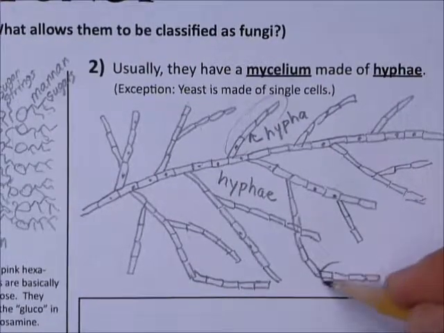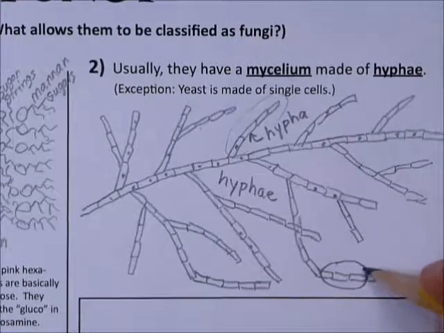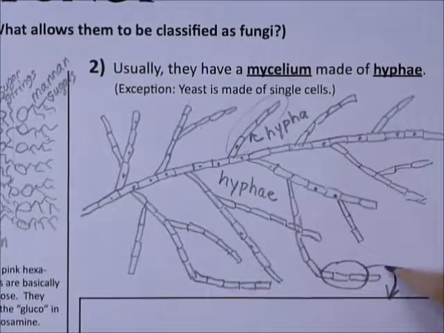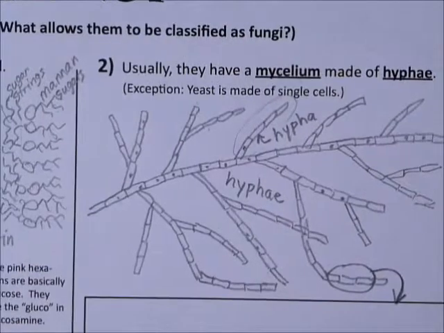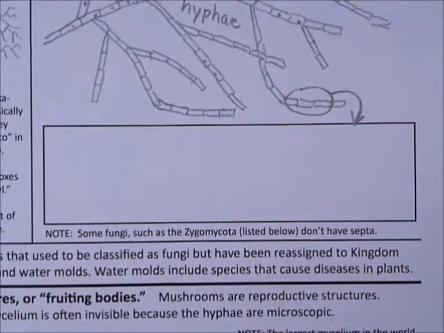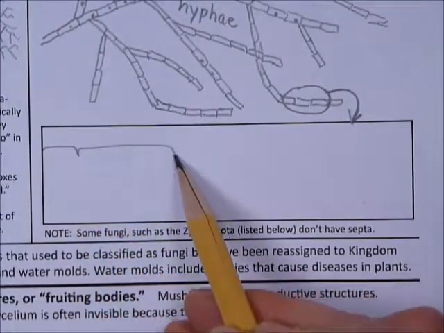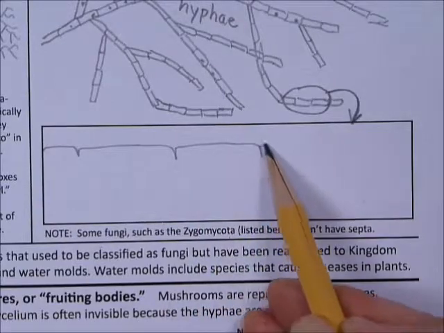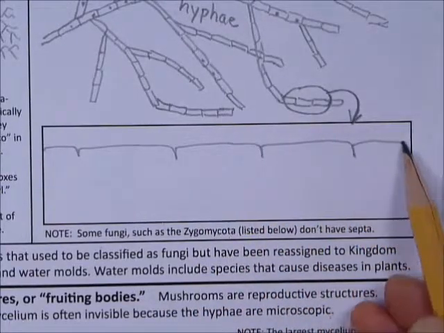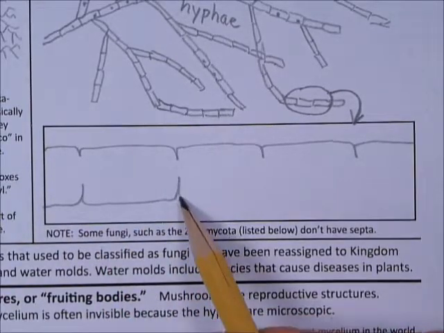So if we were to zoom in on a couple of these, what would they look like? Well, it would just look like a series of cells. We just drew a fungal cell, so you know what's going to be inside of each one.